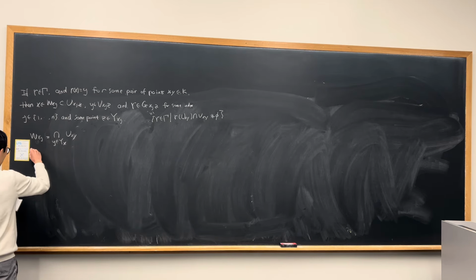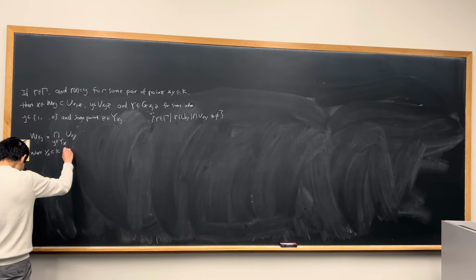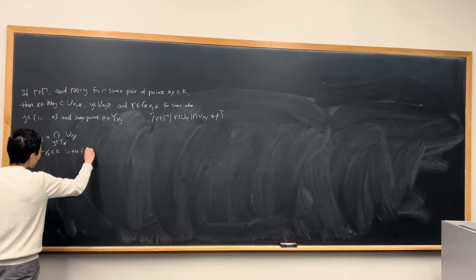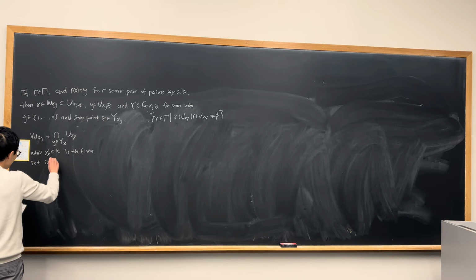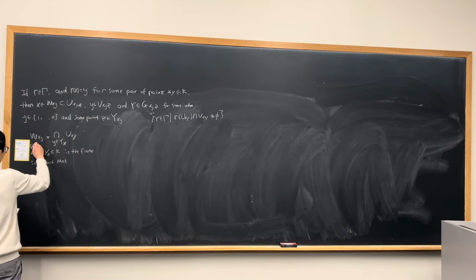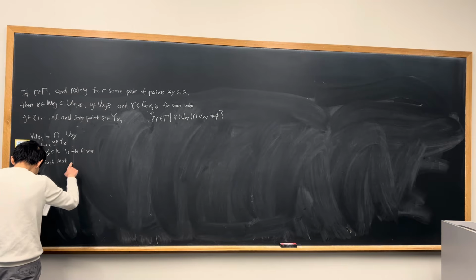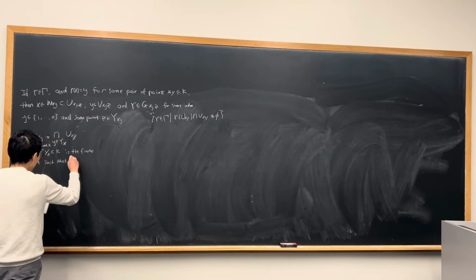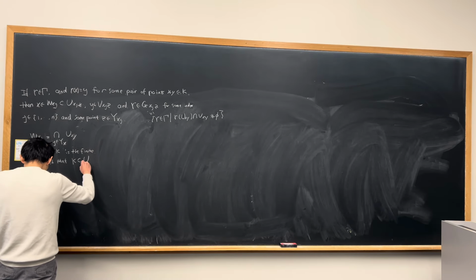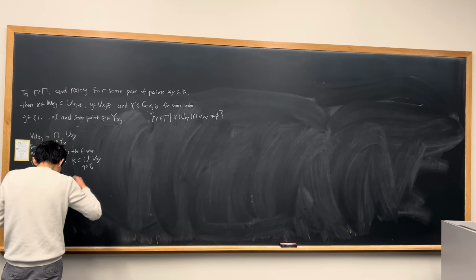You always fix an x first, so for a fixed x, Y_x is a finite set such that K is contained in the union over y in Y_x of V_{xy}, where V_{xy} is the neighborhood of this y.